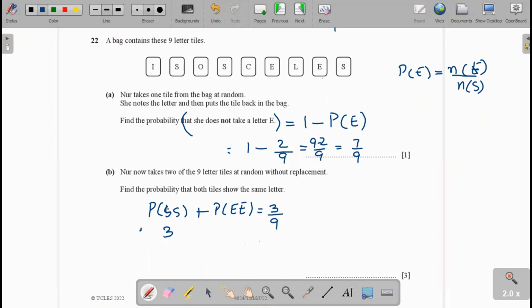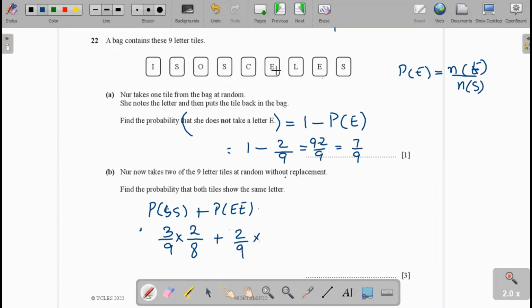We write 3 over 9 times the probability of the second S taken from the bag. One letter is already taken without replacement, therefore it would be 2 and the total is 8. And plus the probability of E, here are 2 letters E, therefore the outcome is 2 out of 9 letters.